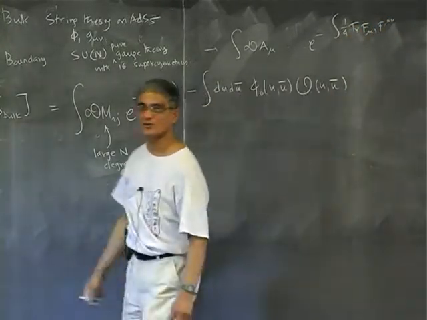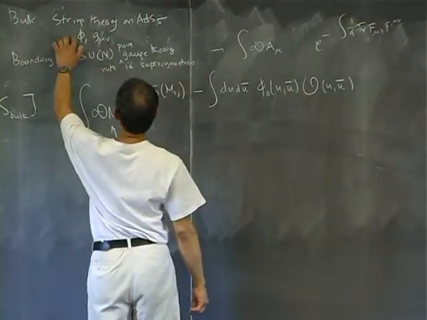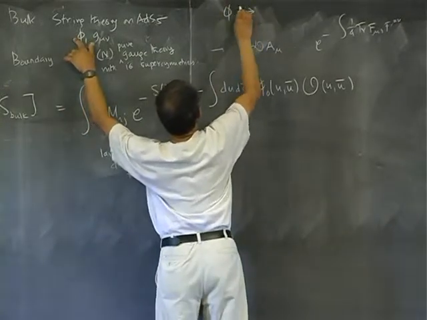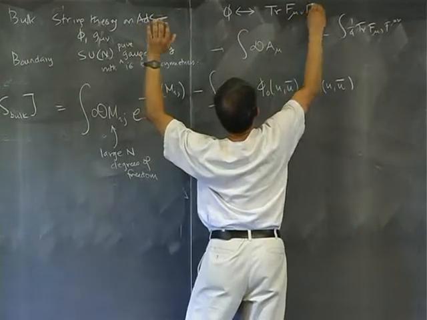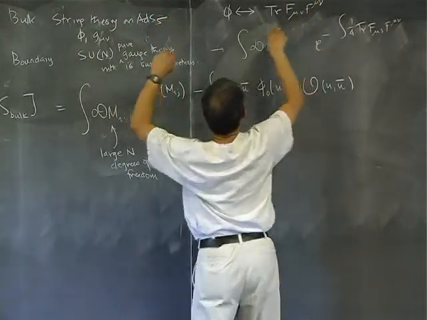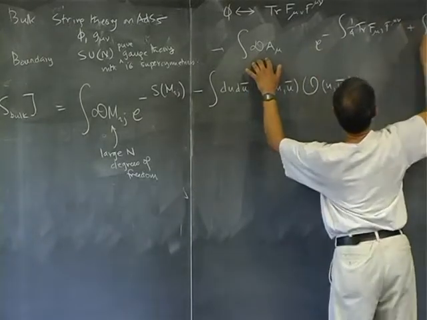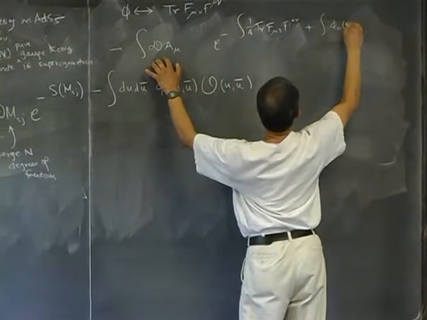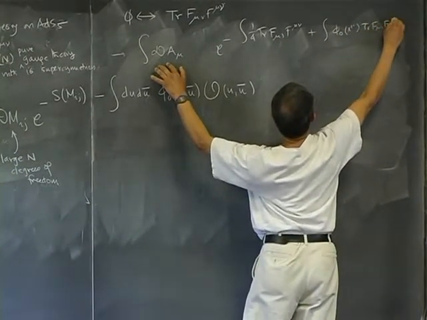This is the standard E square minus B square for a gauge field, and the connection is that this scalar field is called a dilaton. The dilaton corresponds to that operator trace F mu nu F mu nu. So what this means here is that you write down times some function of the boundary fields and then trace F mu nu F mu nu.